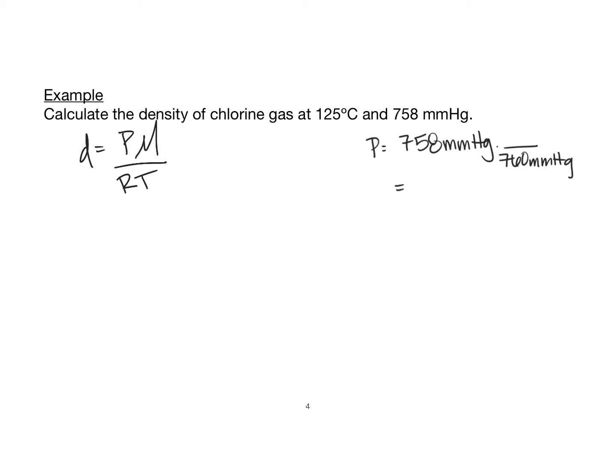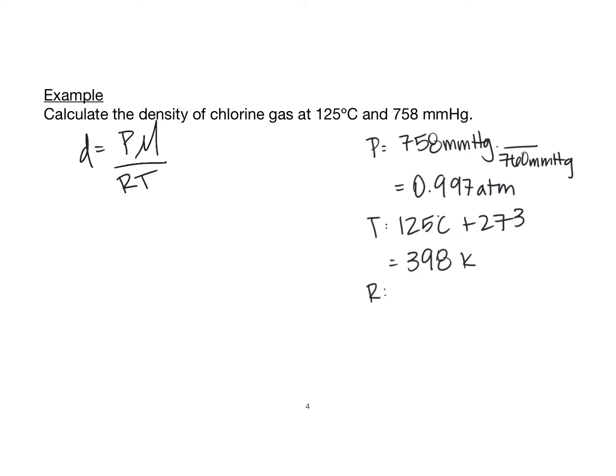And that's going to give us 0.997 atmospheres. We have a temperature of 125 degrees Celsius plus 273, and that gives me 398 Kelvin. We're going to use the standard R value, in this case of 0.08206 liters atmospheres per mole Kelvin.